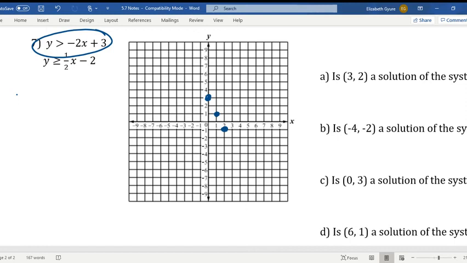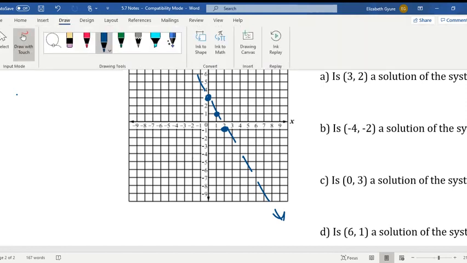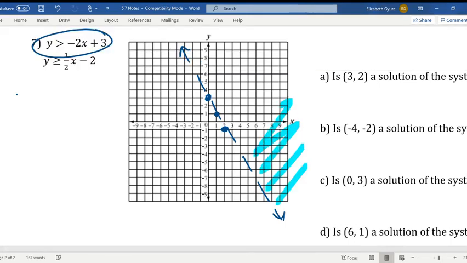Good, dotted. Dotted line. And then how do you read this? Is this a greater than symbol or a less than symbol? It is a greater than, so should I shade above or below? Above, very good. Shade above.